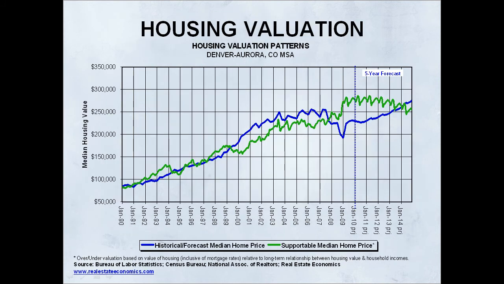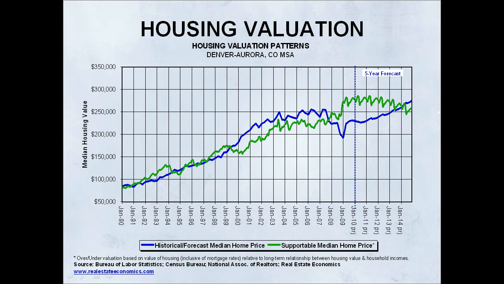This particular graph shows housing valuation. The green line is the supportable median home price. Now that's the relationship of local incomes with interest rates factored in. So when rates are down, this line comes up and vice versa. The blue line is the historical median home price recorded at the county recorders and reported back to us.